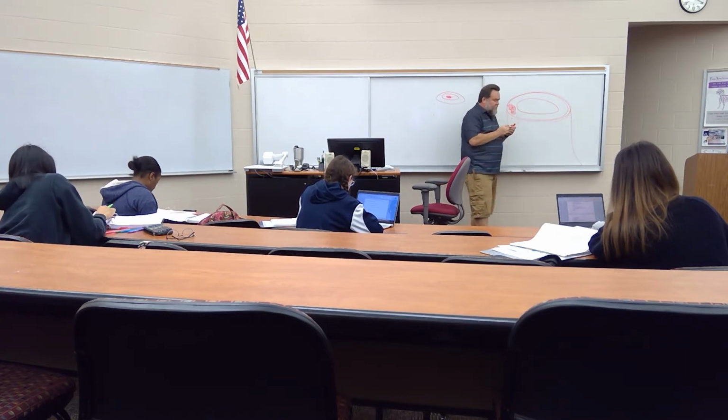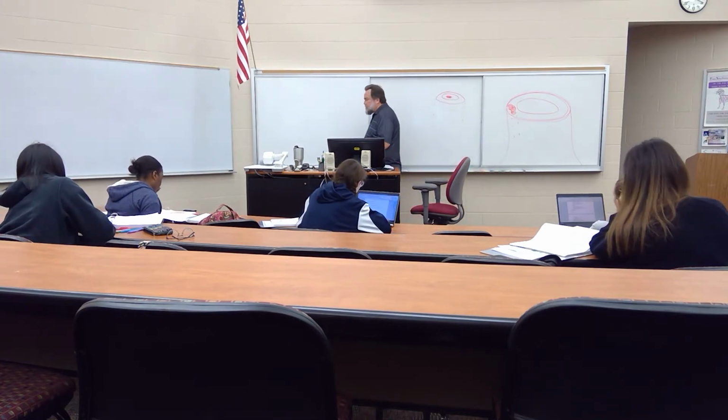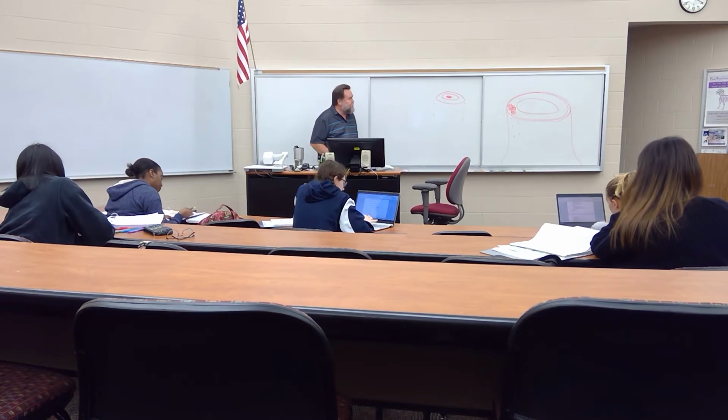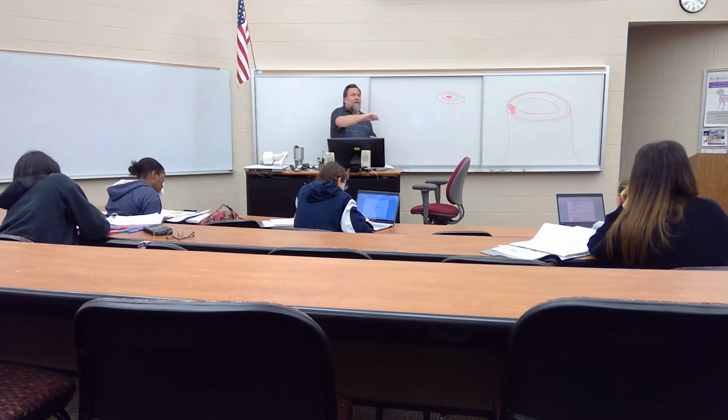Circumferential lamellae go around the outside of the bone. Because they go around the circumference, right? Circumference of the bone is the whole way around the outside.